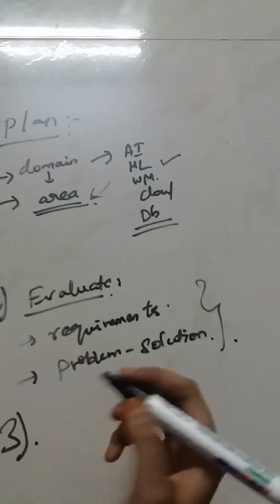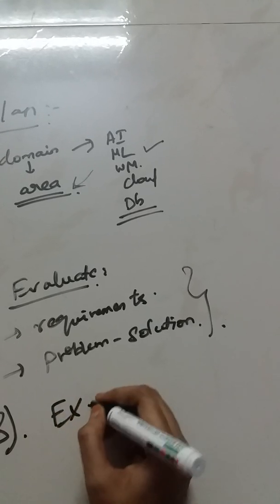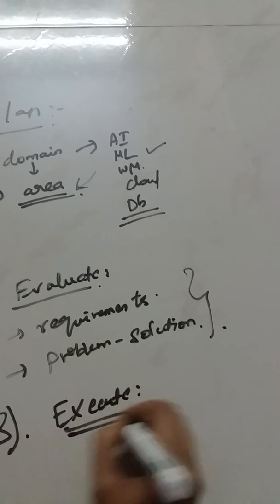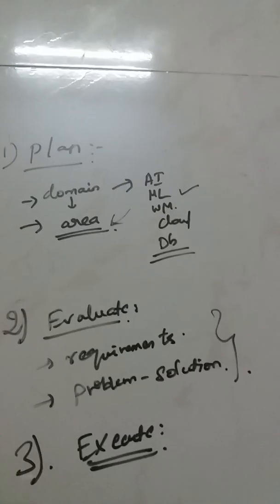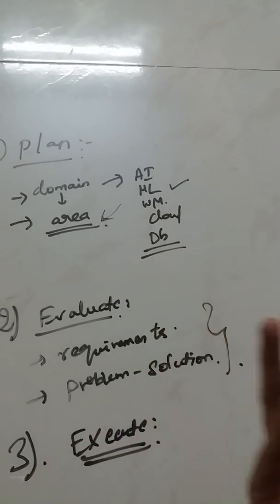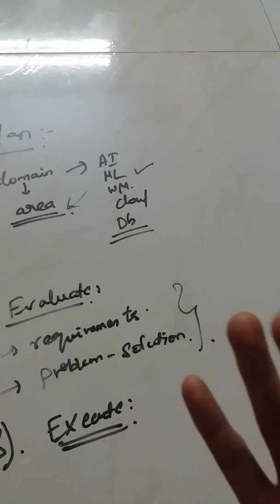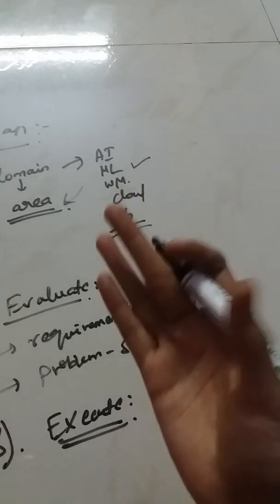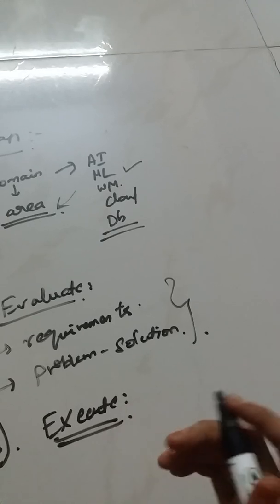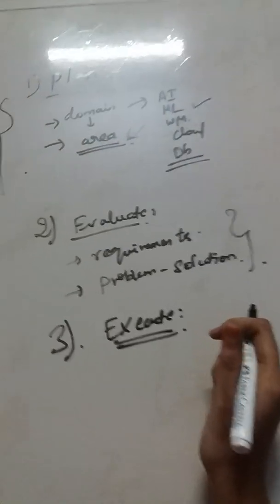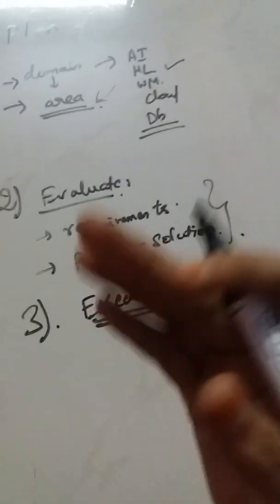The next phase would be execute. After your idea has been prepared and you have evaluated the requirements to develop your project, the next thing to consider is execution. Execution is nothing but how to develop.